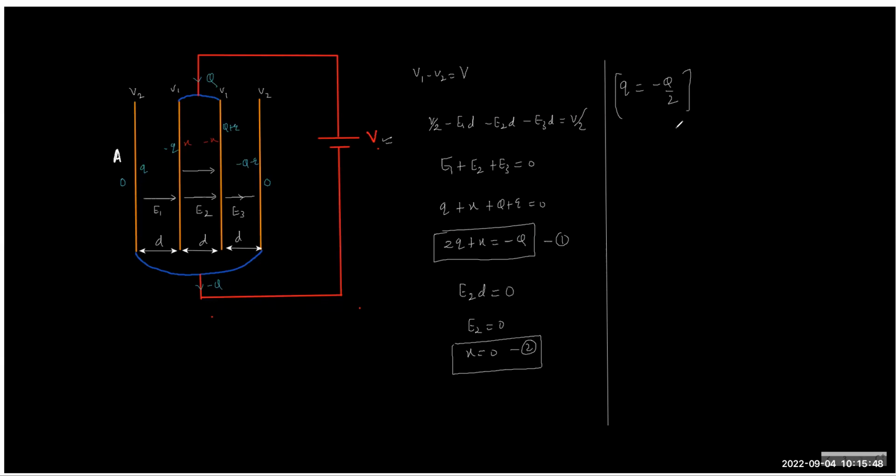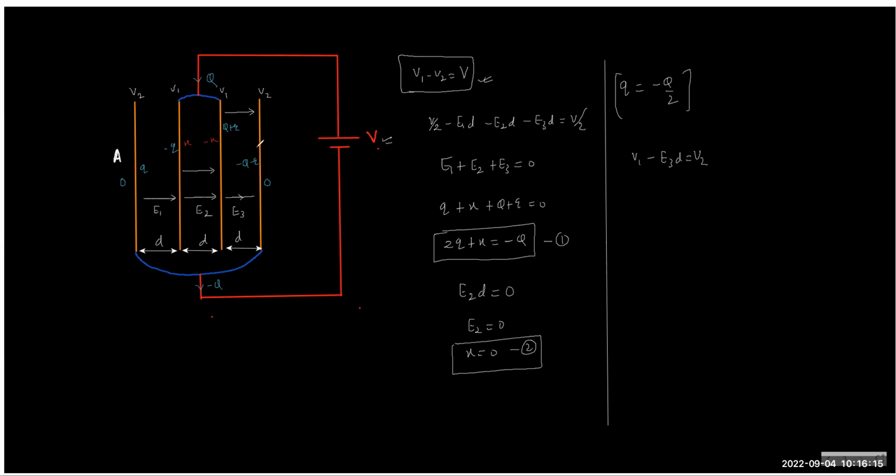All right. And then we have to use this equation somehow. So I'll walk from here to here. The E3D is nothing but the capital D, isn't it? V1 minus E3D is V2. Why are we writing this equation? Because we have to use the V somehow in the equation.